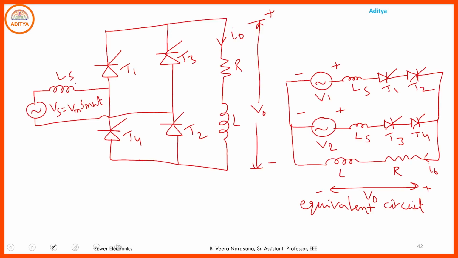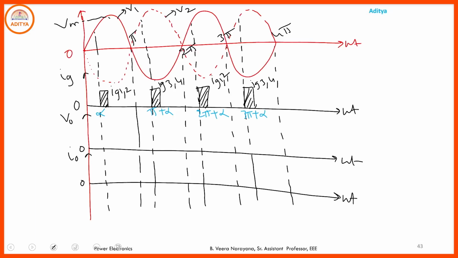T1, T2 are in forward bias, T3, T4 are in reverse bias. At omega t equal to alpha, we provide the gate pulse to the first and second thyristor. Then T1, T2 come to the on state.